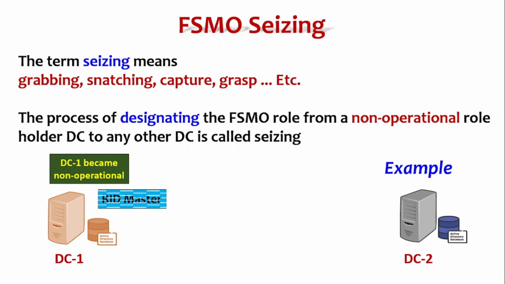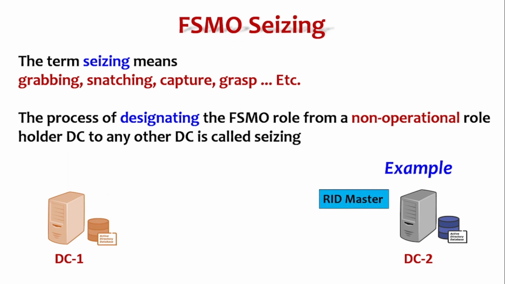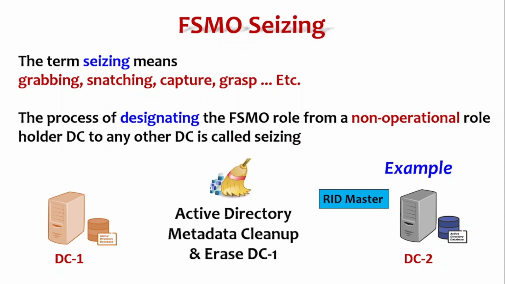So in this case, we will perform FSMO seizing. We'll seize the FSMO role and make DC2 our RID master. This is not transferring, this is seizing the FSMO role. After performing FSMO seizing, we need to perform another task, Active Directory metadata cleanup, to erase the traces of DC1 from our existing Active Directory database.